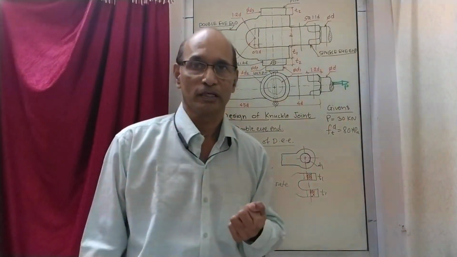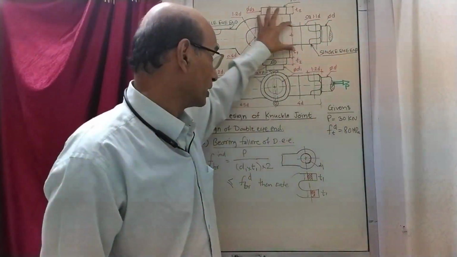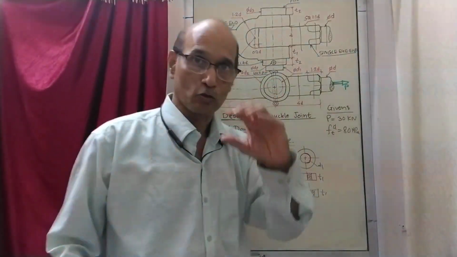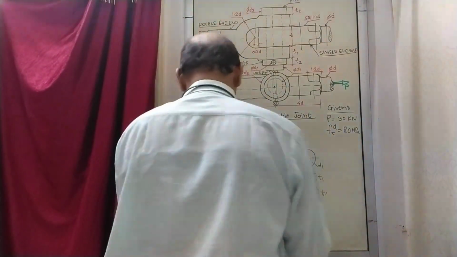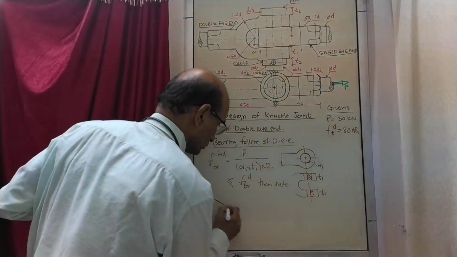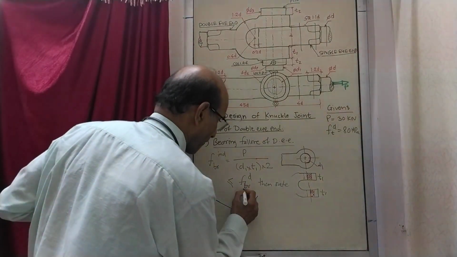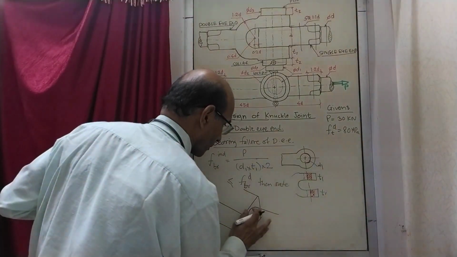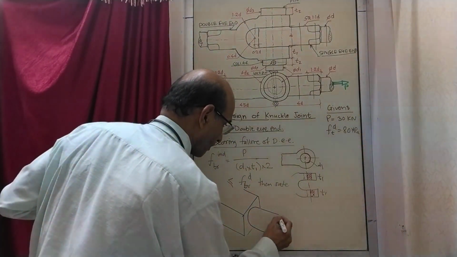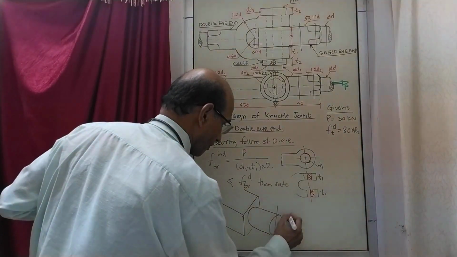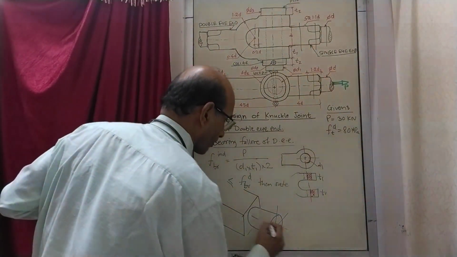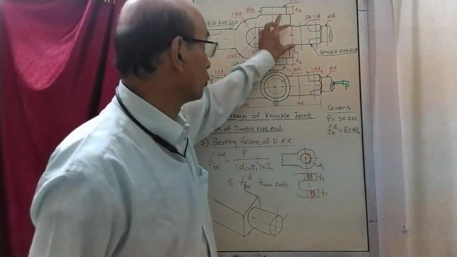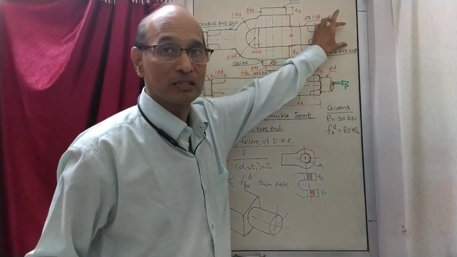What is the meaning of stress concentration? That is applicable here. If the size is square here and then it changes to a circle, then there is a sudden change in cross section. So if I draw, suppose it is square till the end and then there is a circle, a cylindrical shape.